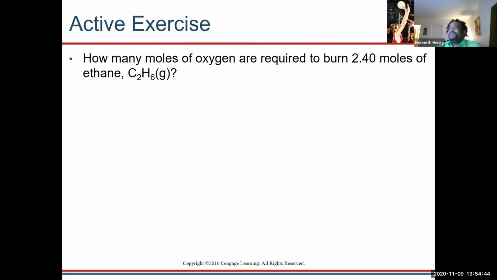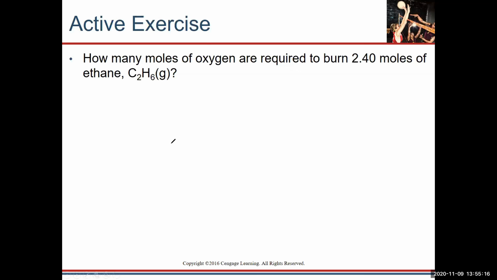Okay, so how many moles of oxygen are required to burn 2.40 moles of ethane, C2H6? Okay, first step. Hector, my first step? I'm not sure.